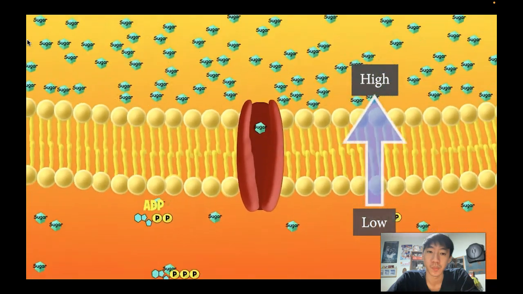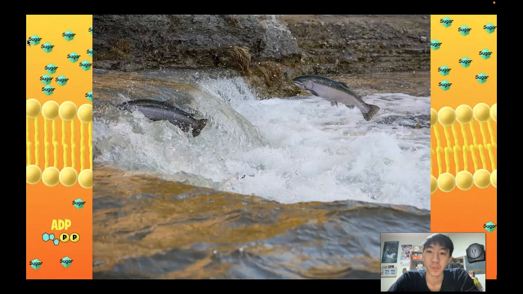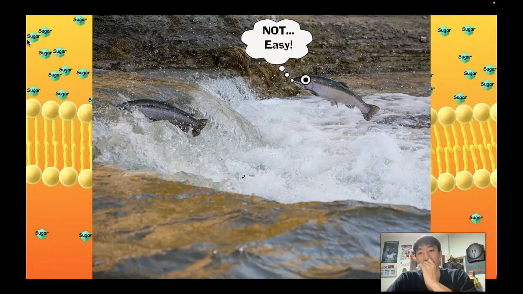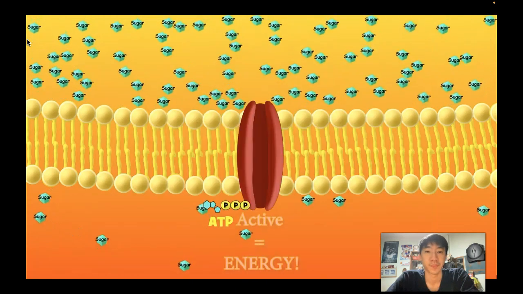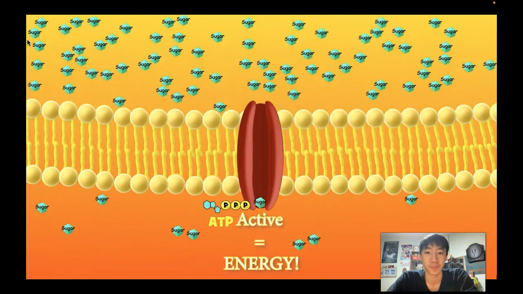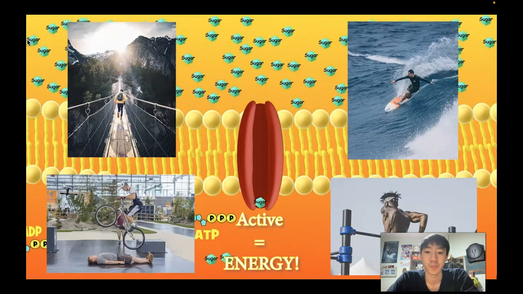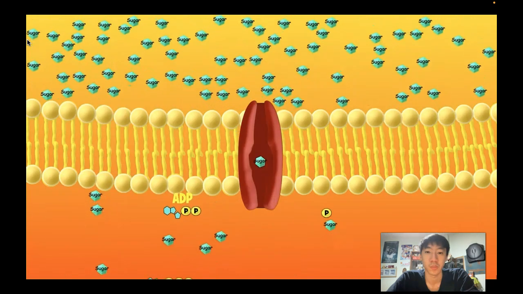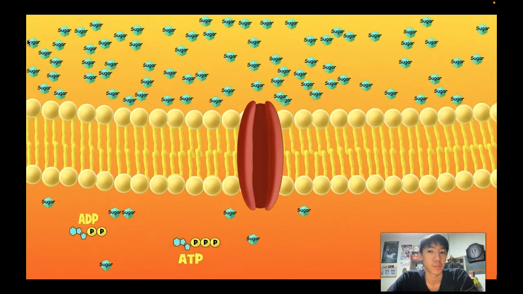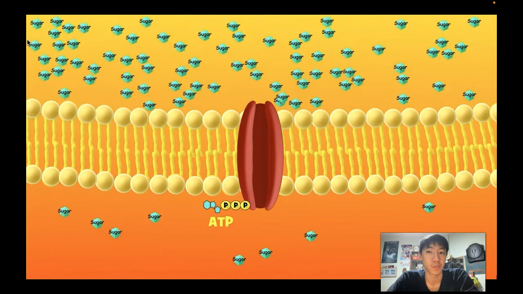Because this is going against the flow, it is like swimming upstream or pumping water uphill, and therefore requires energy to be used. It is easy to remember that active transport requires energy because doing active activities always uses energy. This is important anytime you need to concentrate a substance on one side of a membrane.